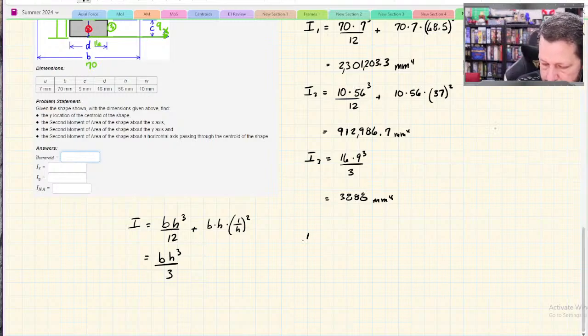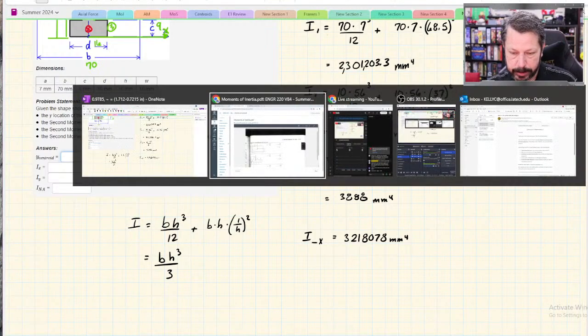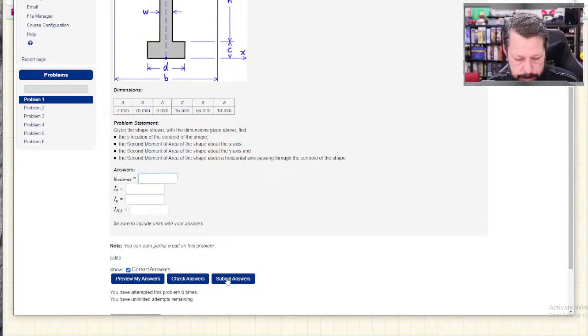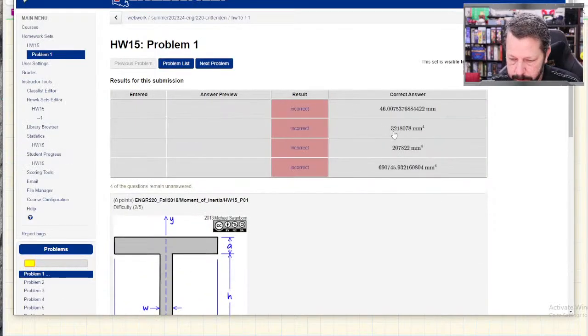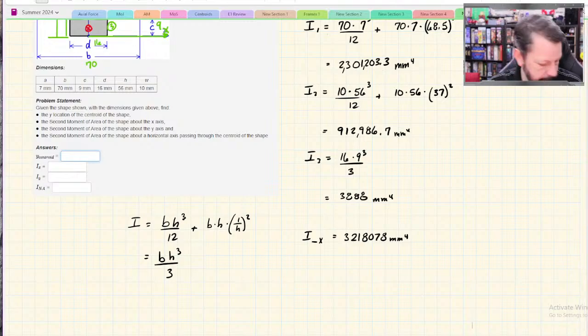So the total I about the x-axis is 3,218,078, at least that's what I calculated. Let's see the actual number. It's always a little nerve-wracking. 3218078. Hey, I got exactly the same number that they had. We rounded to the same spot.